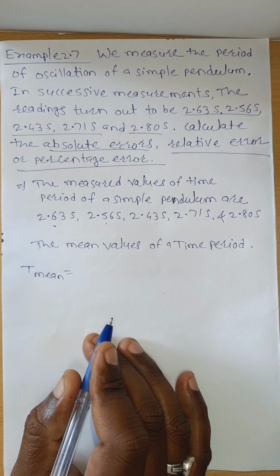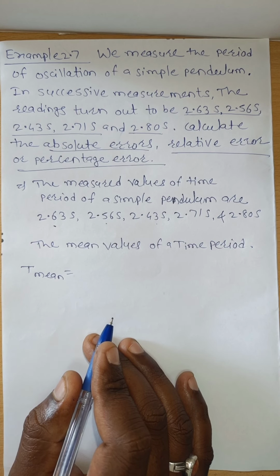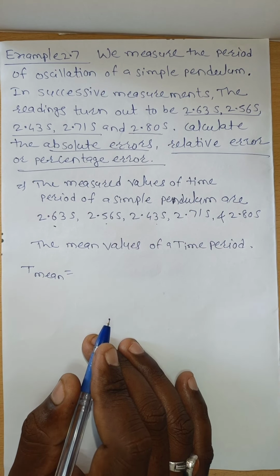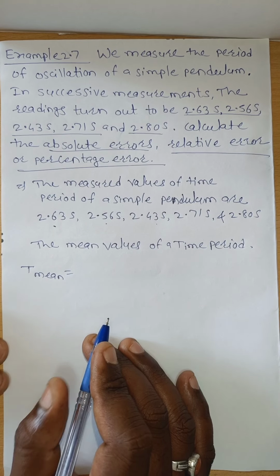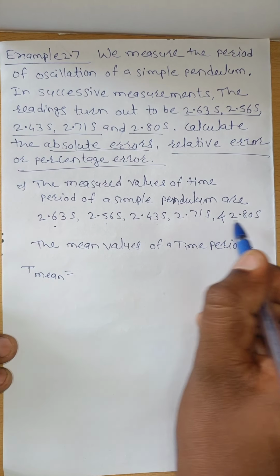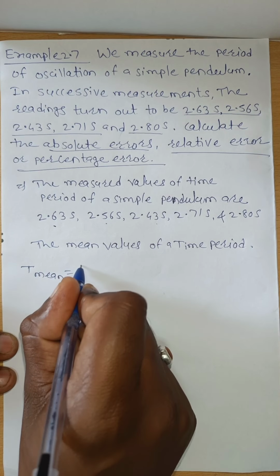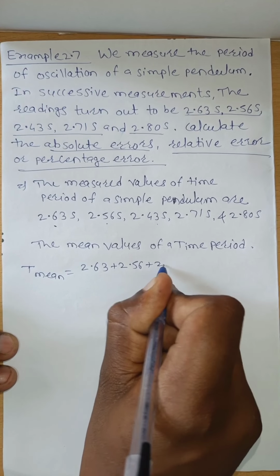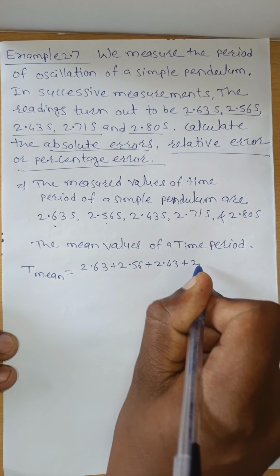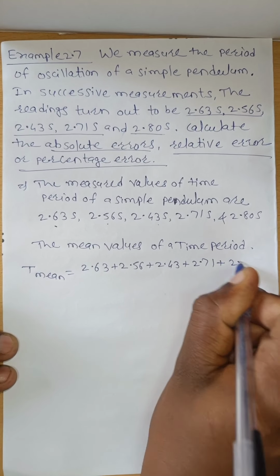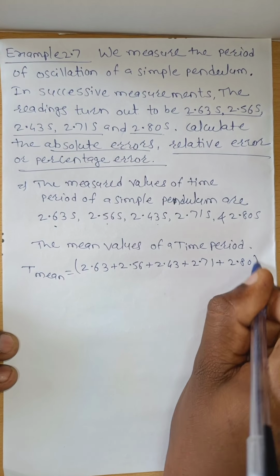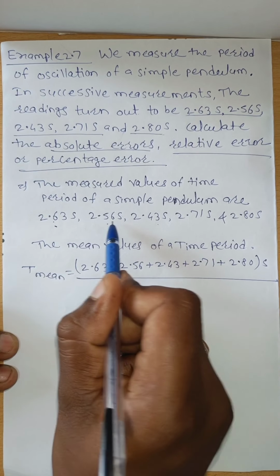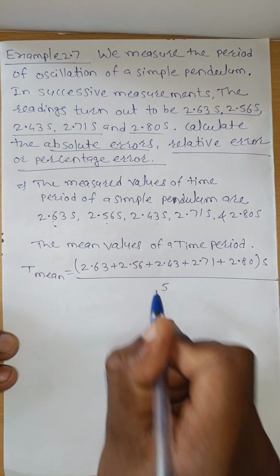As we said already, A mean is equal to A1 plus A2 plus A3 up to AN divided by N. Here T mean is equal to T1, T2, T3, T4, T5 divided by 5, that is 2.63 plus 2.56 plus 2.43 plus 2.71 plus 2.80. That is the sum of the observations divided by the number of observations, 1, 2, 3, 4, 5, so divided by 5.